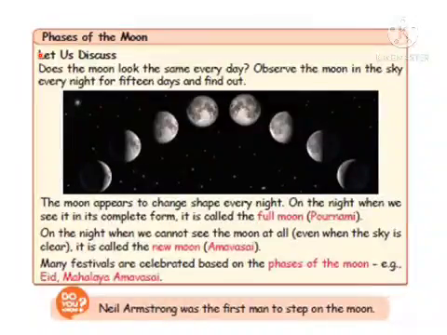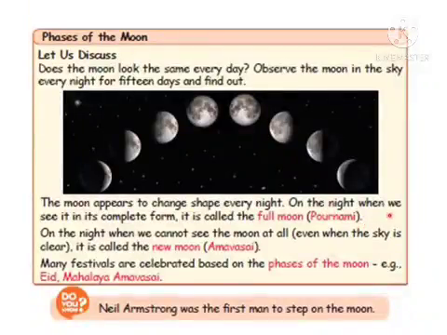Now, we are going to learn about phases of the moon. Let us discuss. Does the moon look the same every day? Observe the moon in the sky every night for 15 days and find out. See the picture. The moon appears to change shape every night.